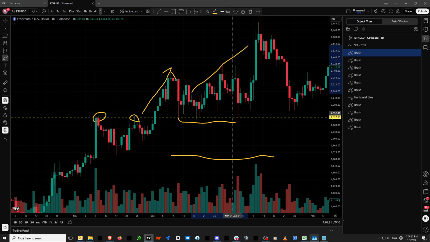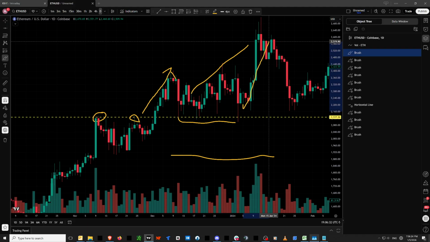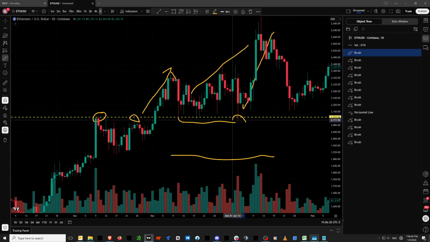So what we're doing is we're buying up their sell orders so that we now have the contracts needed to go up. So this right here is called a liquidity run. That right there is called a liquidity run.